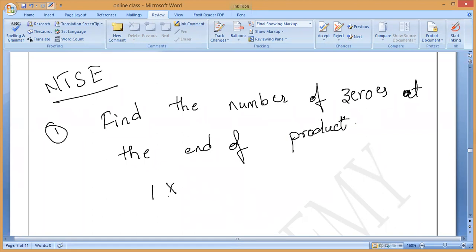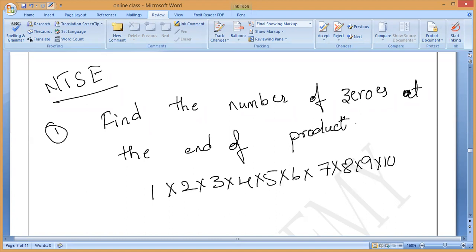Question is 1 into 2 into 3 into 4 into 5 into 6 into 7 into 8 into 9 into 10. Find the number of zeros at end of the product. It means suppose after multiplication you may get 5,000. How many zeros at the end of the product? 3 zeros. Answer is 3.